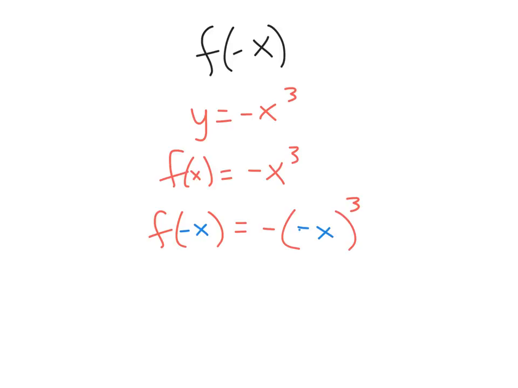Well, remember, with odd powers and negative values, our output is going to be negative. So in this case, if we simplify, we still have the negative on the outside. And if you simplify negative x cubed, which is actually negative x times negative x times negative x, negative times a negative times a negative is a negative, and x times x times x becomes x cubed.